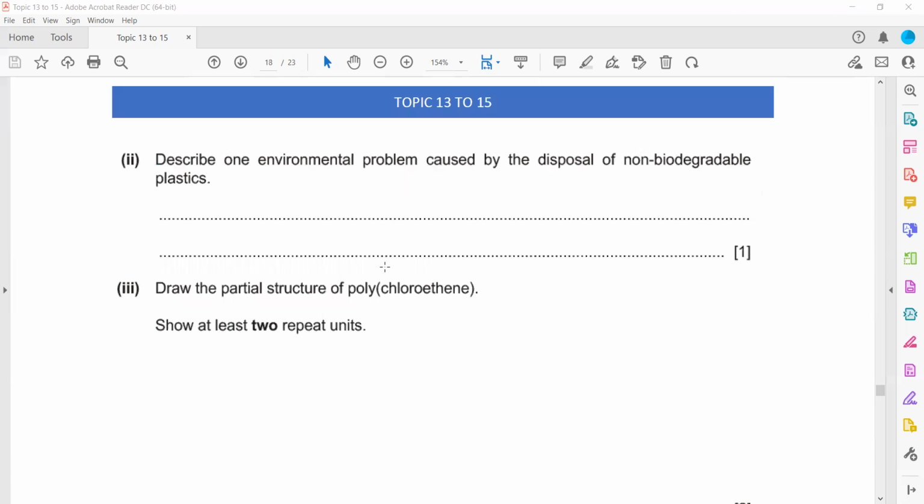Describe one environmental problem caused by the disposal of a non-biodegradable polymer. What is a disadvantage or a problem which is caused? Basically, it affects marine life, kills animals, and takes up space in the landfill. Land pollution is there.